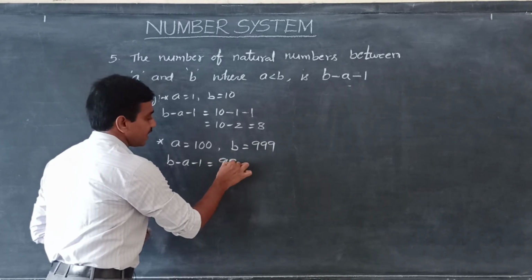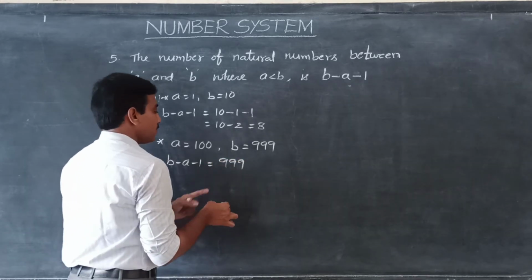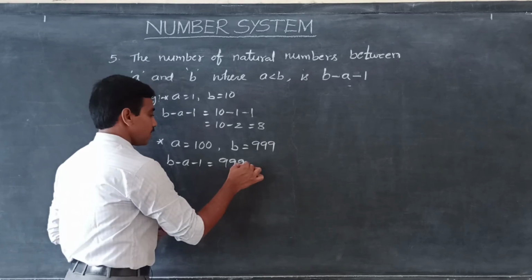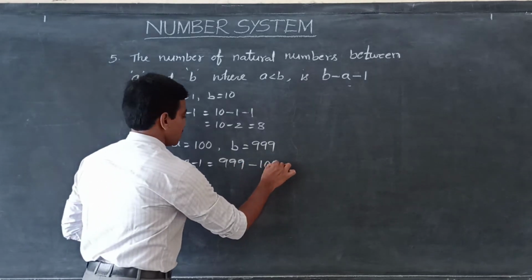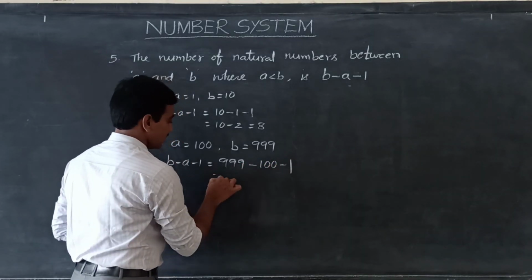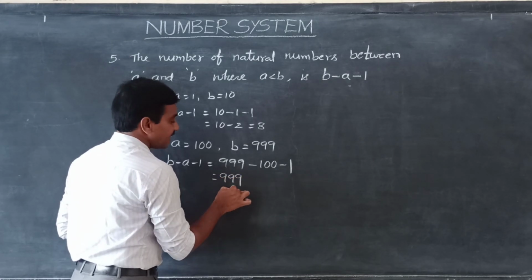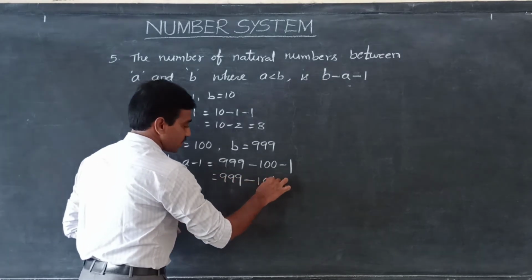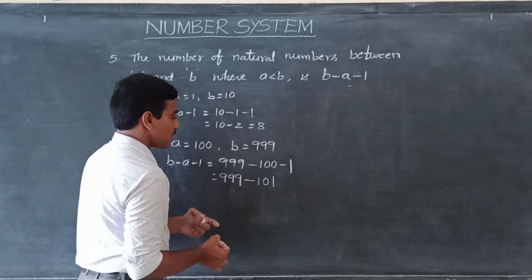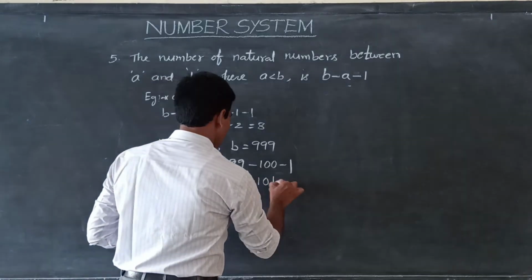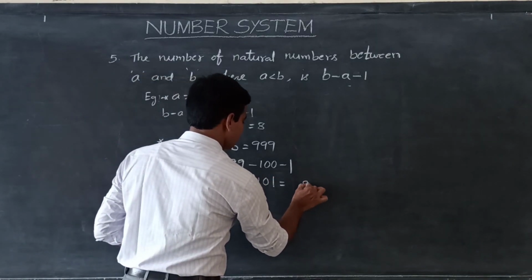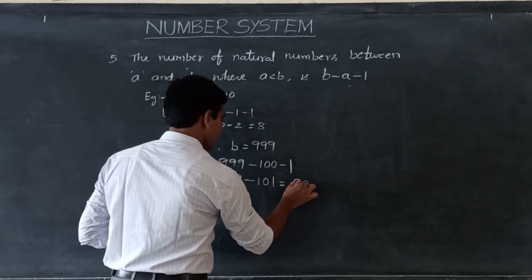That is 999 minus 100 minus 1, that is 999 minus 101, which is 898.